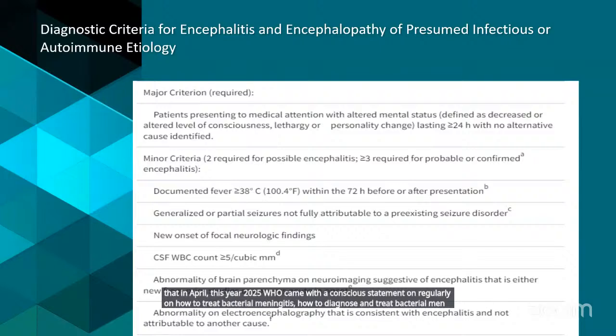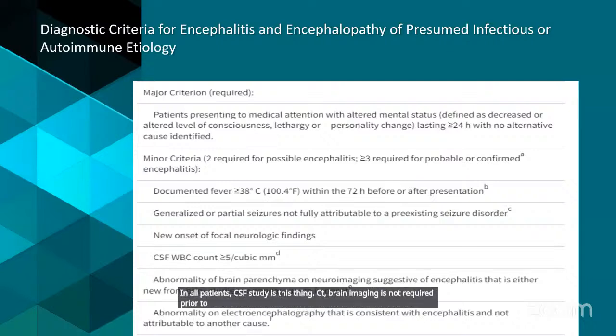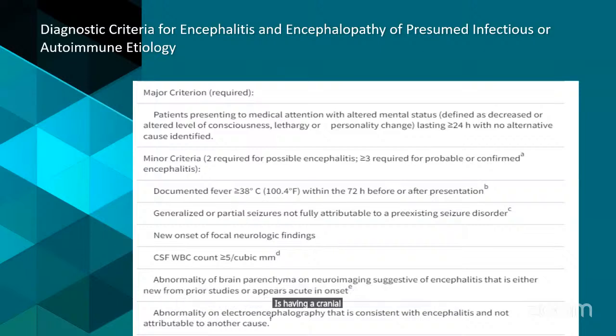One major recommendation there is that in all patients a CSF study is needed, but CT brain imaging is not required prior to a lumbar puncture. There are specified indications for cranial imaging prior to lumbar puncture, like Glasgow Coma Scale less than 10, a focal neurological deficit, a cranial nerve palsy, an adult with seizures or localizing signs, or a heavily immunocompromised patient.